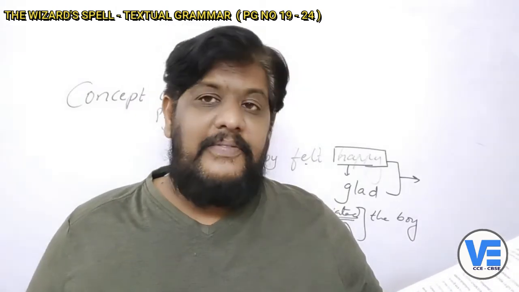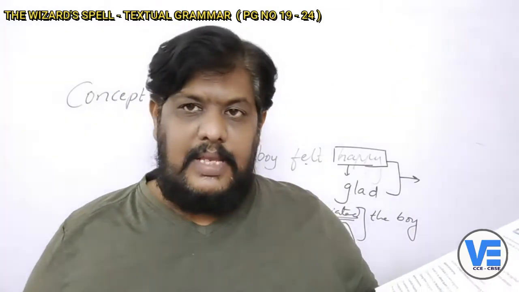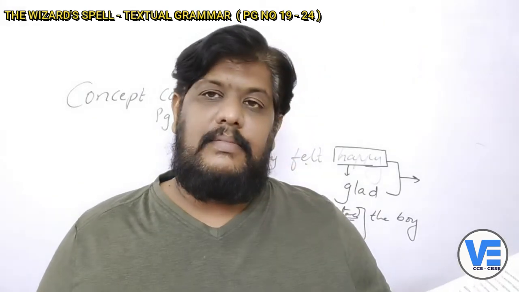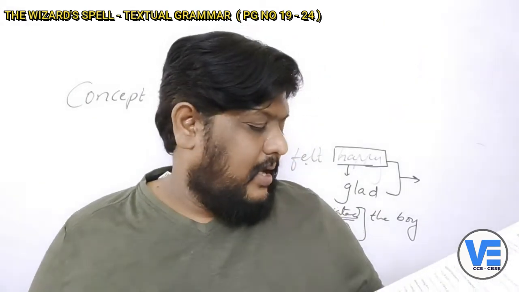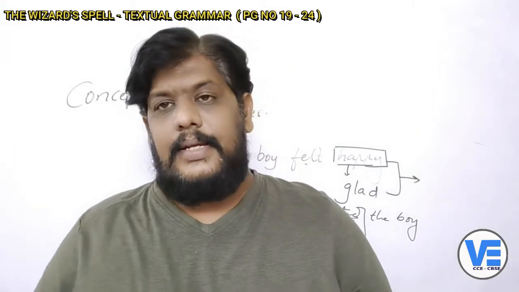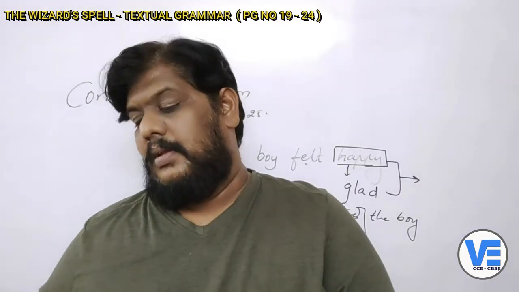He angrily, furiously. Angrily and furiously have a similar meaning. He was absolutely sure about his goals. He was certainly sure about his goals. So these two definitely make synonyms.